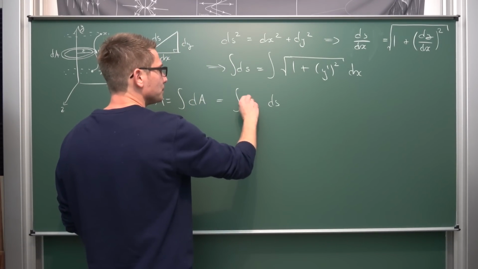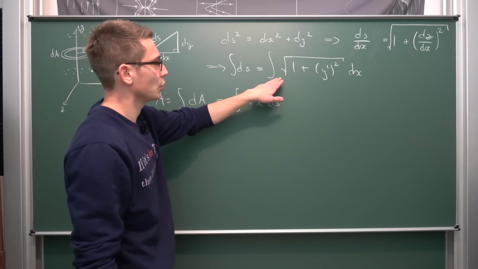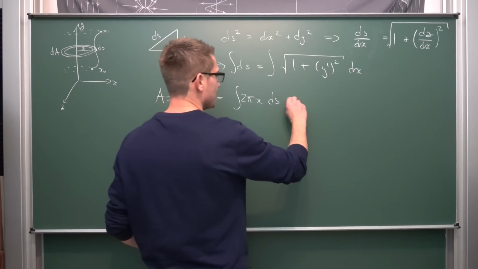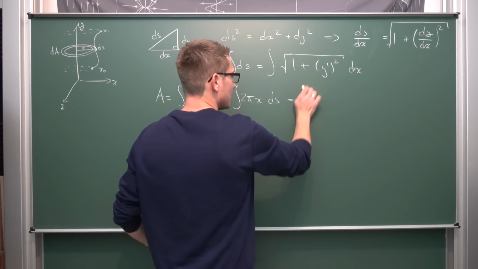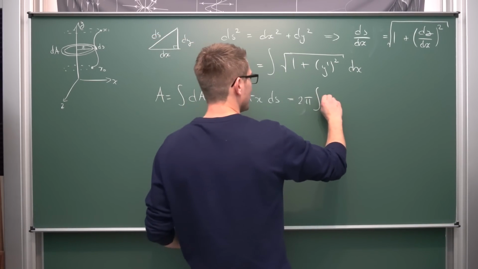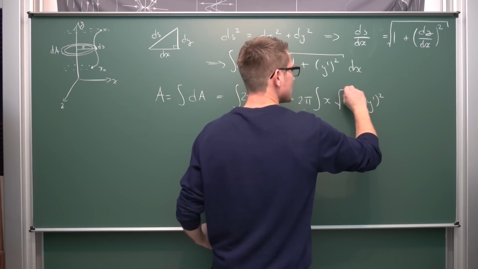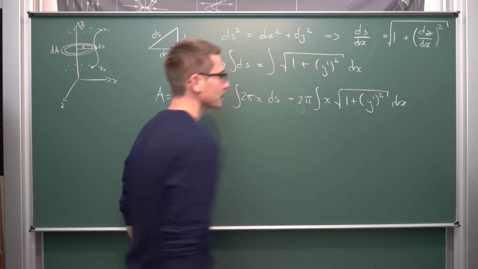So 2 pi times x. And we know what the integral of ds is. It is just this expression that we have up here. Meaning this is going to result in, I'm going to drag the 2 pi along here, the integral of x times the square root of 1 plus y prime squared, integrated with respect to x.